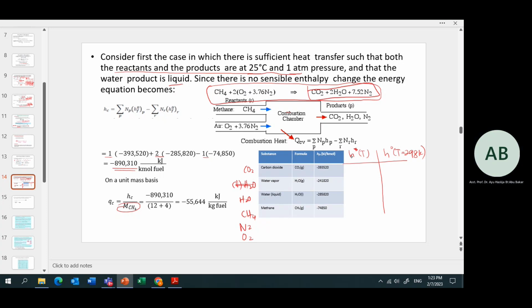So H at T is equivalent to H at reference.